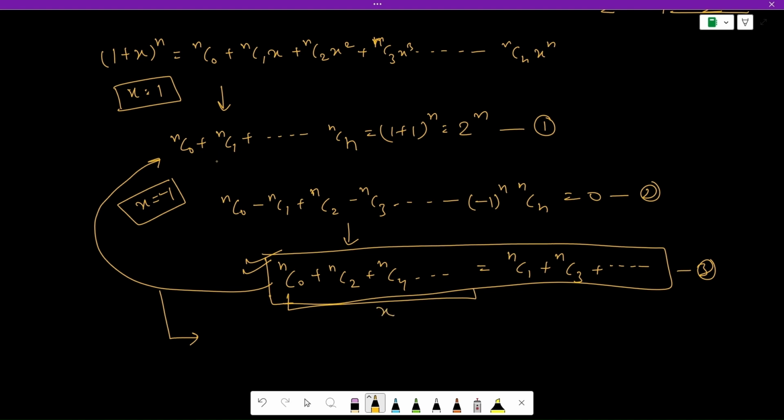So this sum is 2x, and this is equal to 2 to the power n, which implies x equals 2 to the power n minus 1.